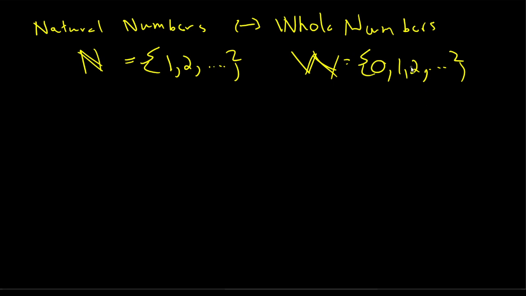A characteristic of these is they have a starting place and they have a gap between the numbers, and that gap is always of a fixed length. In our case, it's a unit, and the unit in these numbers is 1. So any number really gets constructed by a new number. So if I'm on 2 and I want a new number, I add the unit.